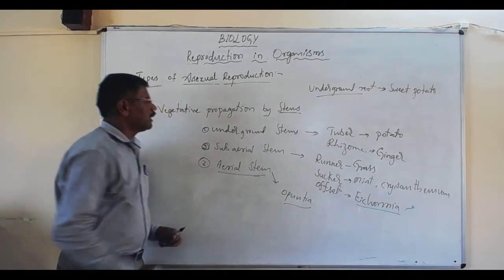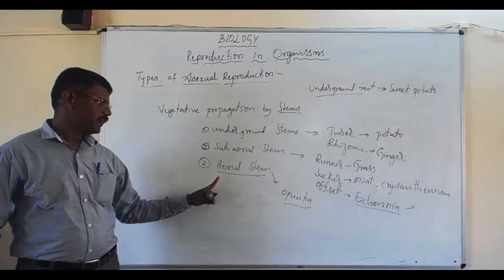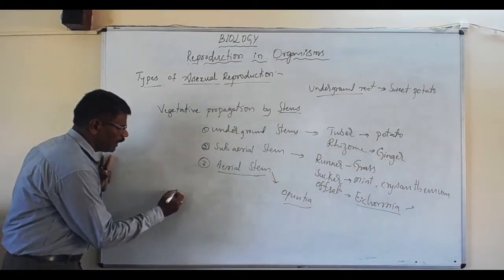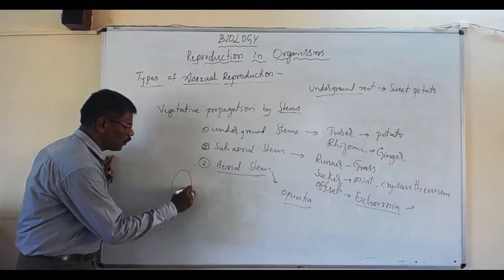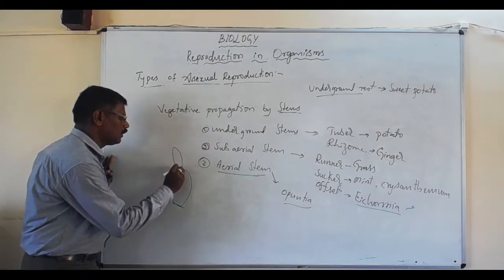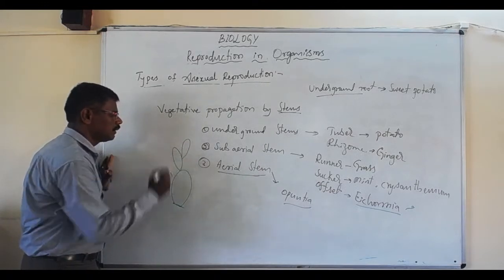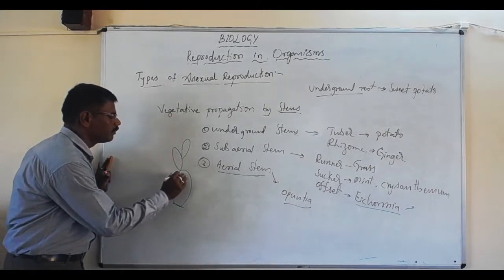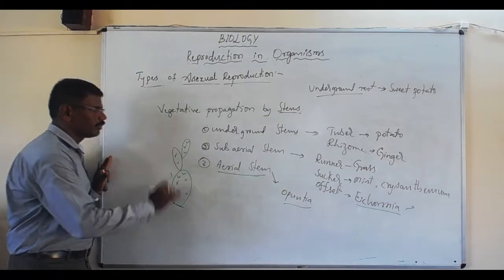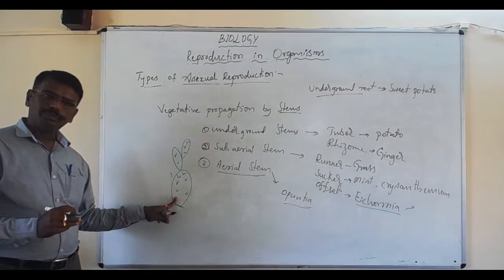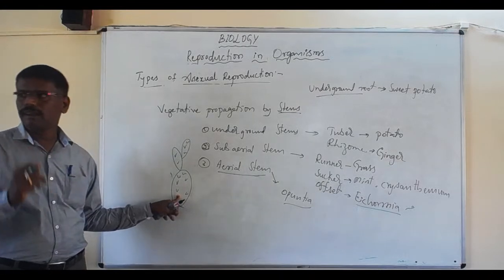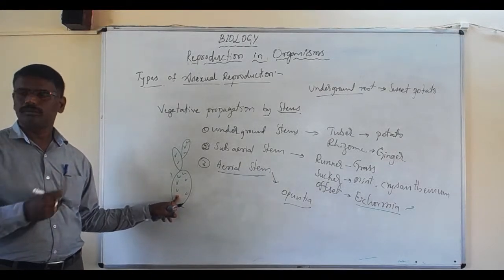Another vegetative propagation by stem is by the aerial stem, Opuntia. It is one of the terrestrial modes. Here, the stems are modified, with a green photosynthetic stem.